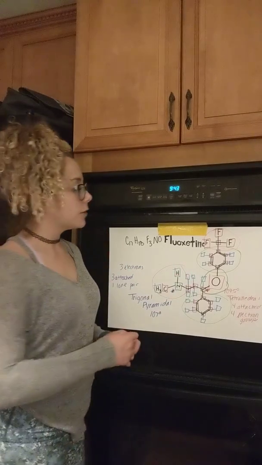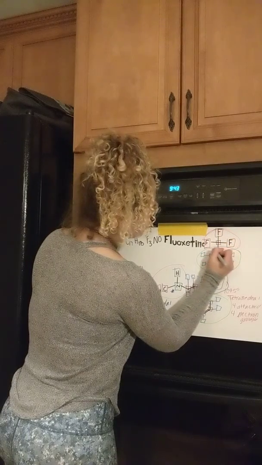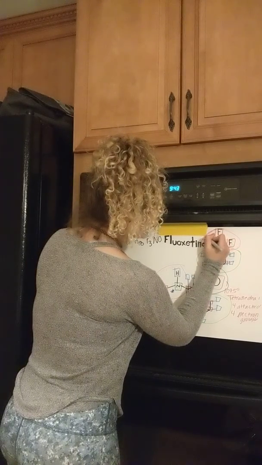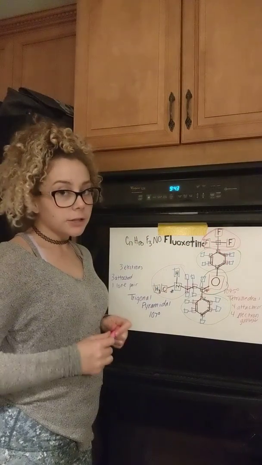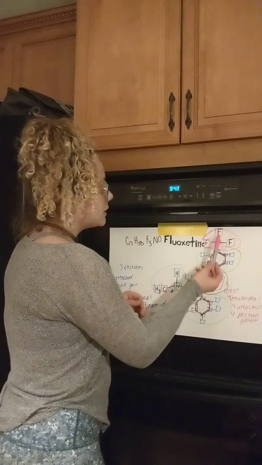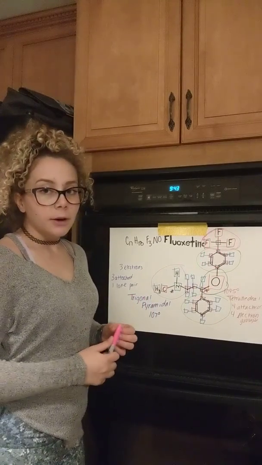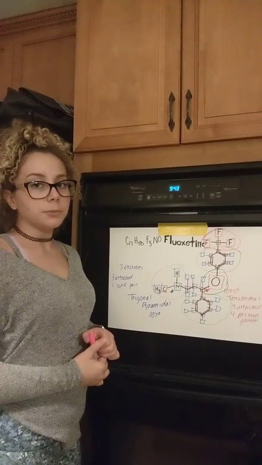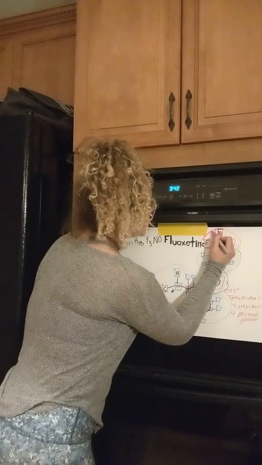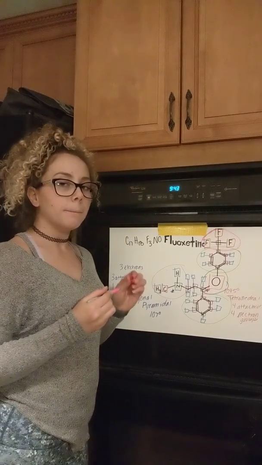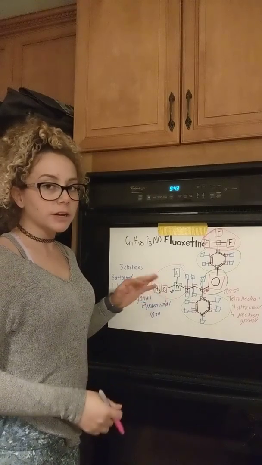But if you research it farther, you will find that up here in this fluorine group, this is also a functional group called a halogen that we have not learned about in chemistry. And this halogen adds into the functional groups and whether or not a molecule can be soluble or not. So this made this molecule more polar, making it slightly polar in water.